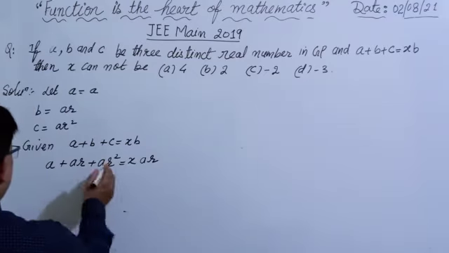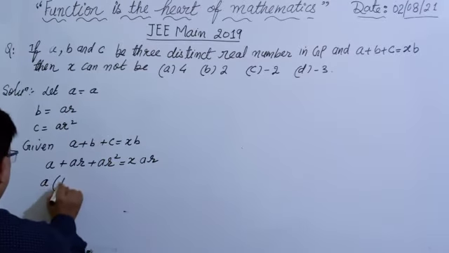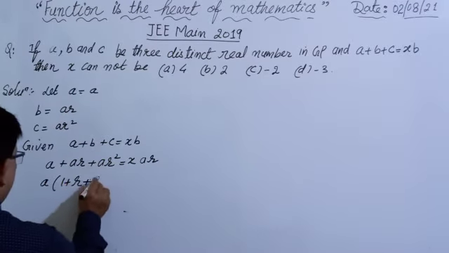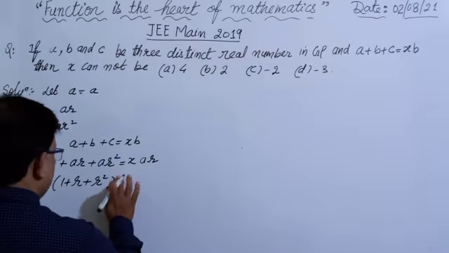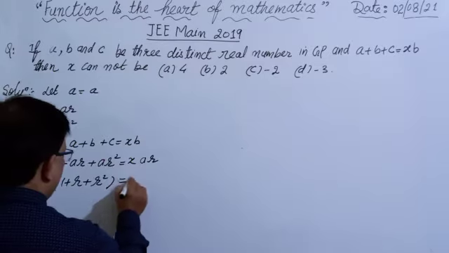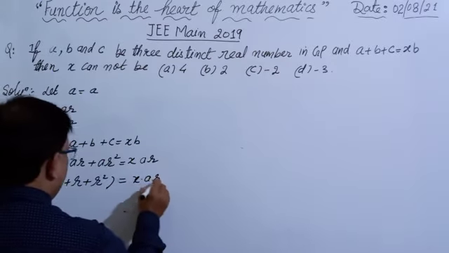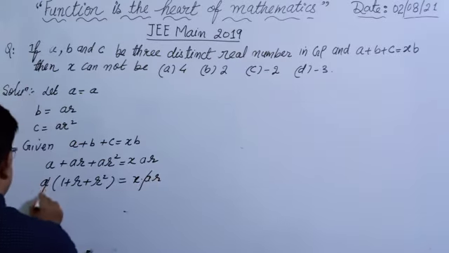So student, here we take A common, so we have 1 plus R plus R square is equal to XR. Here we see that A cancels out.